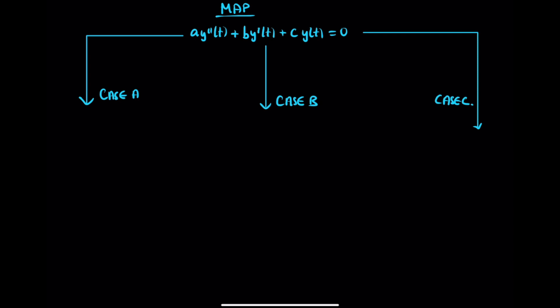So with case A, we had b squared minus 4ac greater than 0. And this is when you had 2 real roots. And then we had case B, which was b squared minus 4ac equals 0. And this was when you had 1 repeated root.